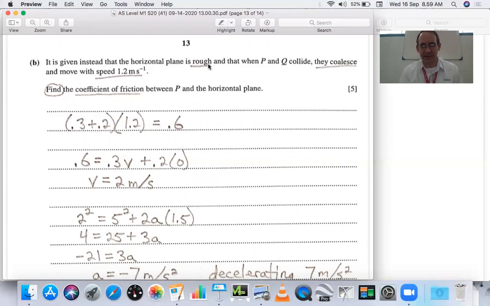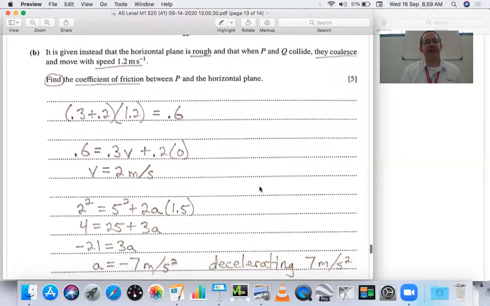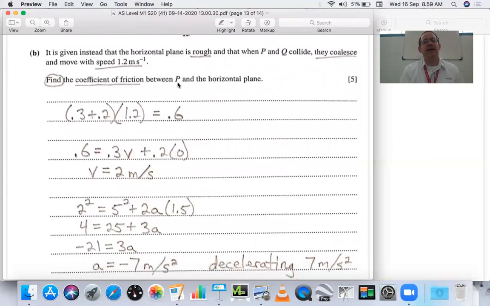So we need to recalculate the velocity of P. And they coalesce, meaning after the collision, the two particles become one particle. So find the coefficient of friction between P and the horizontal plane.